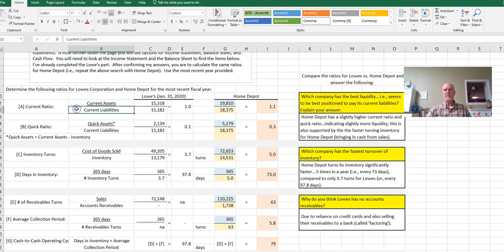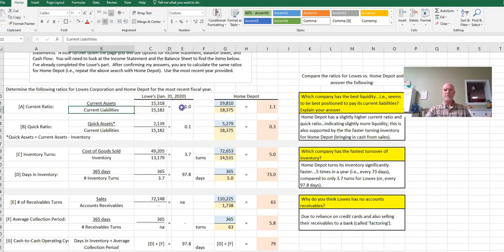Current liabilities are those liabilities that are coming due within the next year. So if we compare those to the current assets, it gives us an insight to our ability to pay these debts when they're coming due. We're looking at those kind of assets that are cash or close to cash, that will be generating cash. Comparing the current assets to the current liabilities, again, we call this the current ratio.